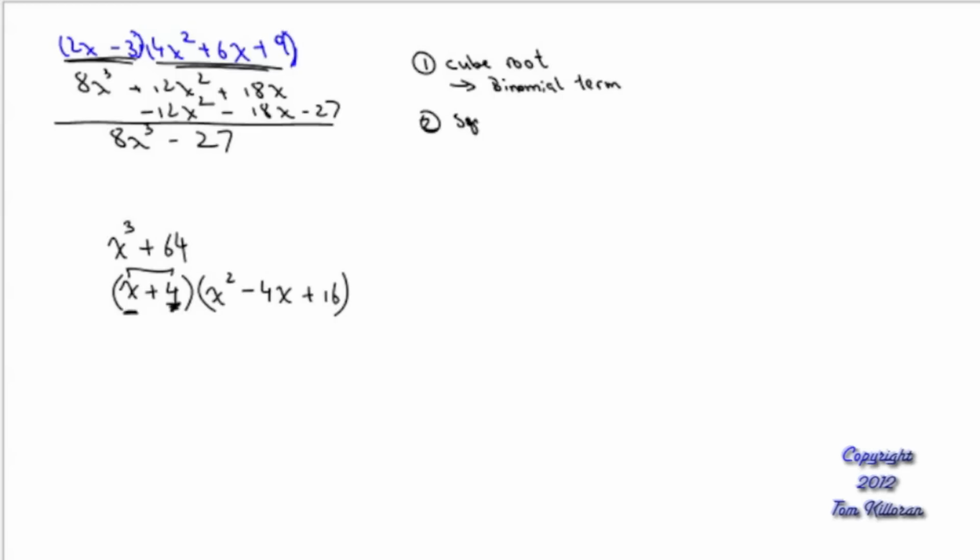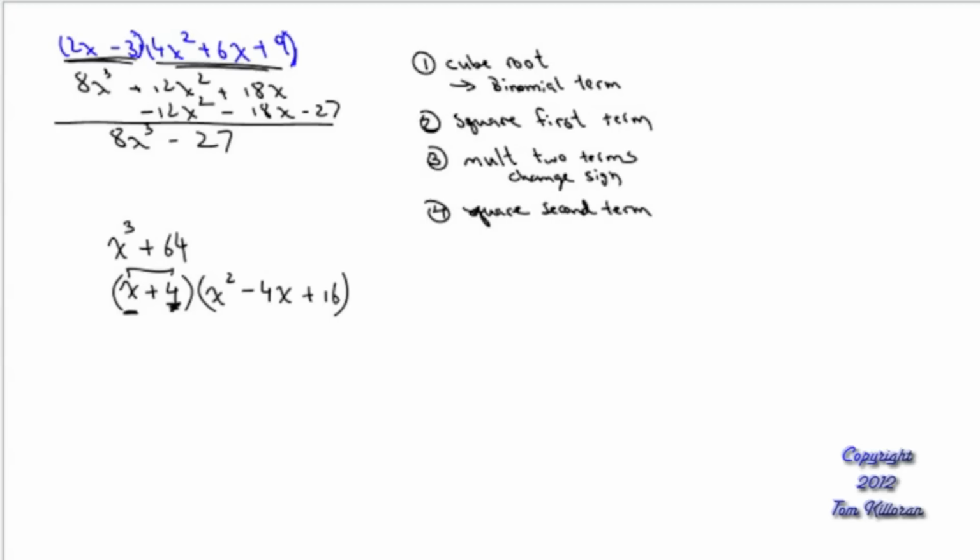Square first term. 3. Multiply 2 terms, change sign. And 4. Square second term. The book has a formula, but as formulas go, it says exactly the same thing as what I'm putting up here.